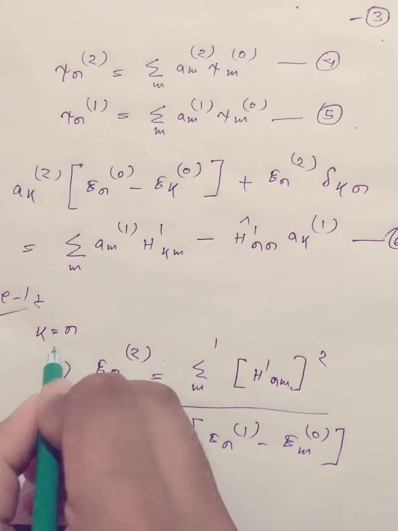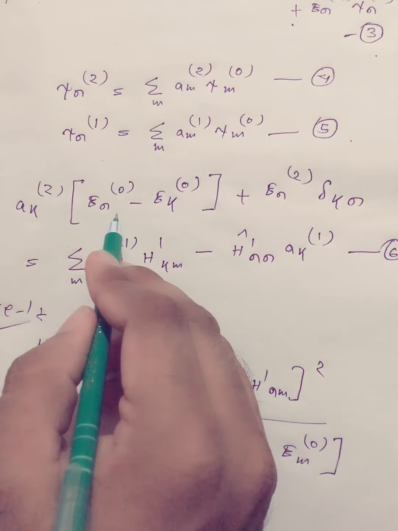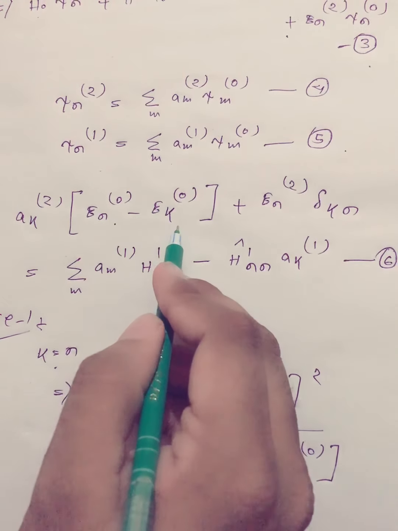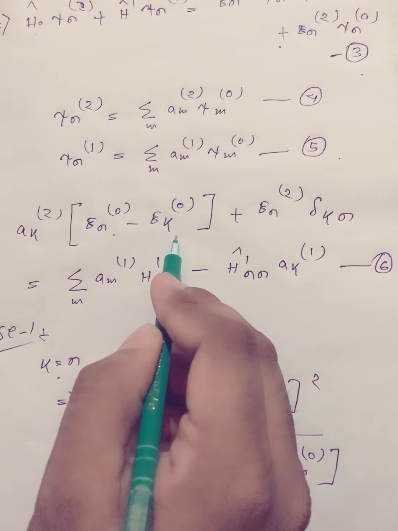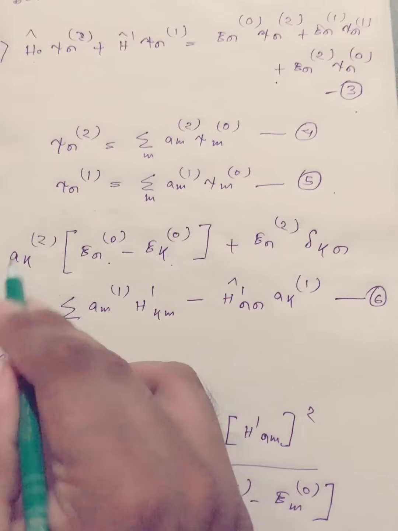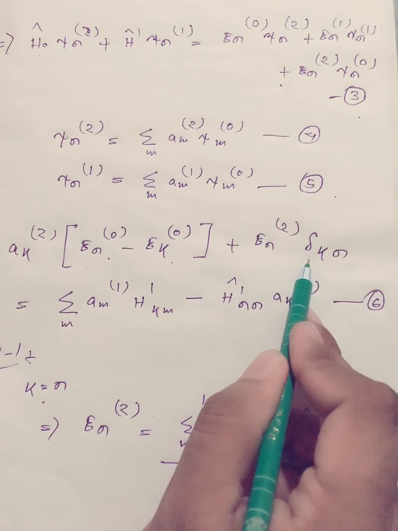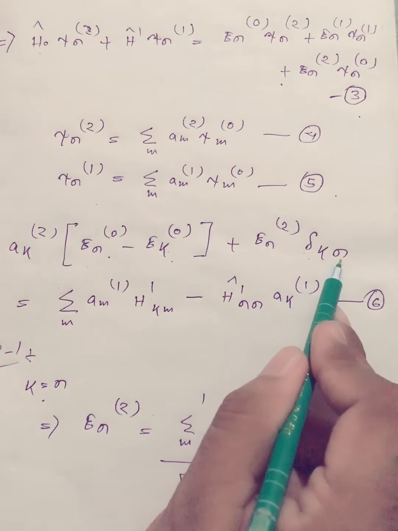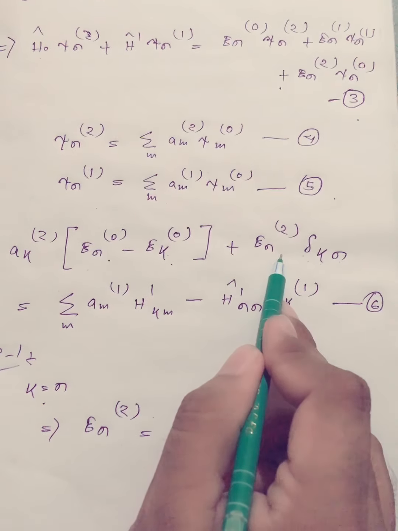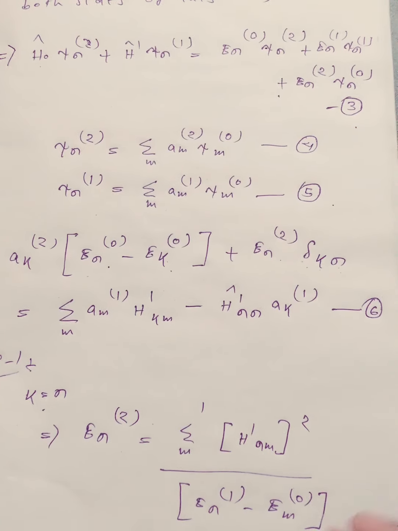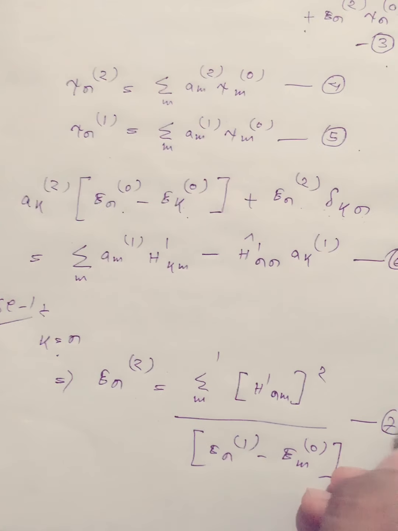When k is equal to n, the term En 0 minus Ek 0 vanishes, and delta kn will be 1. So En 2 is equal to this, and this is equation number 7.